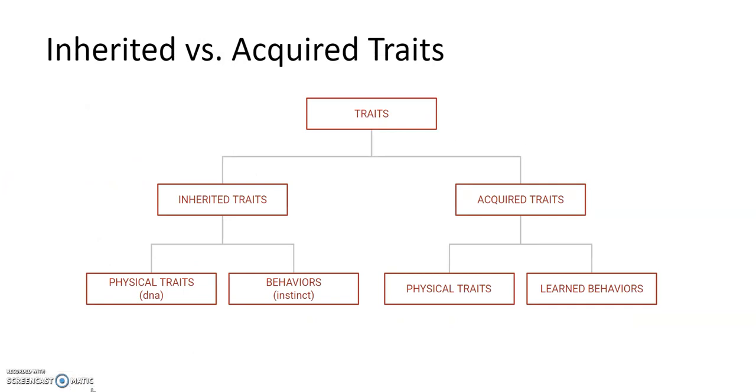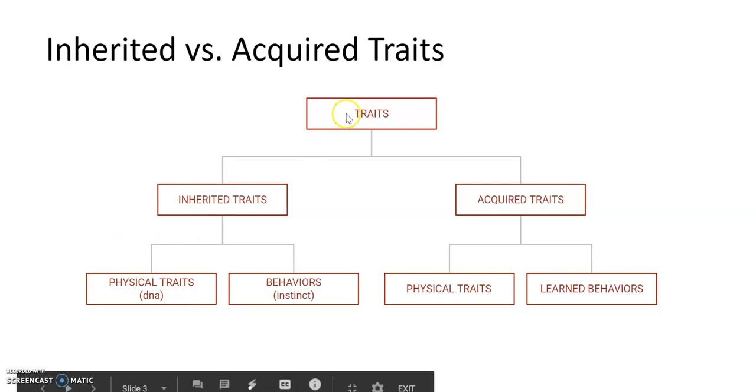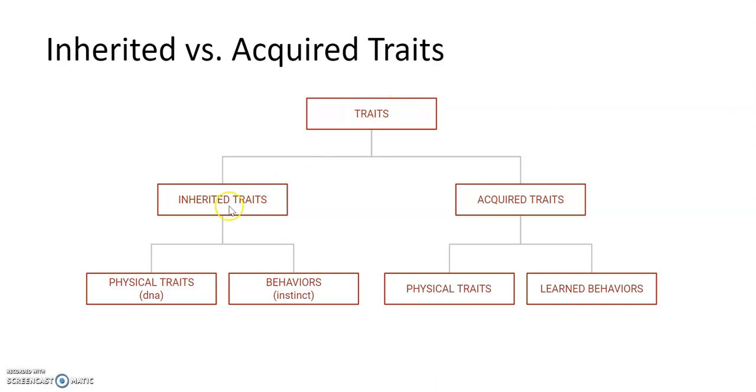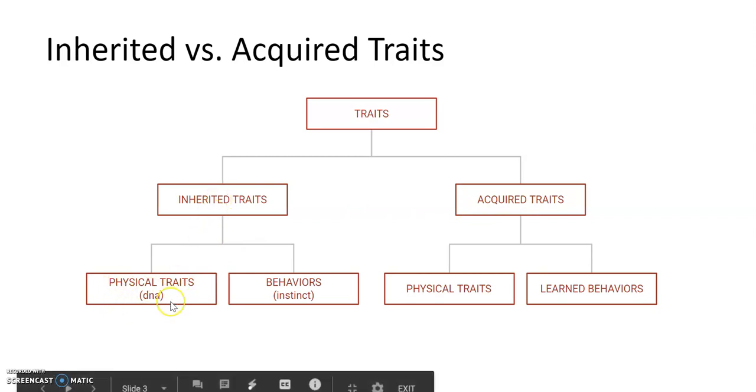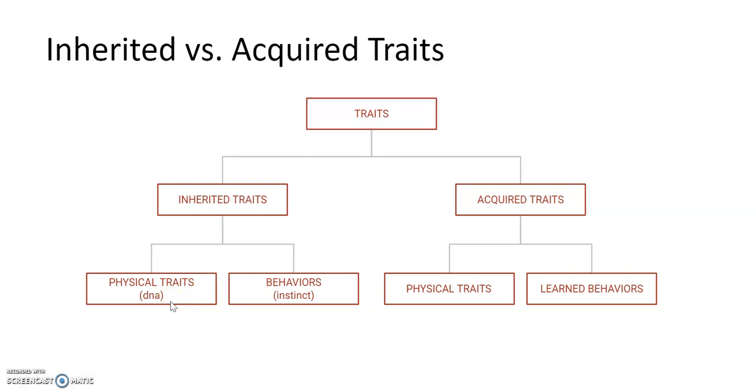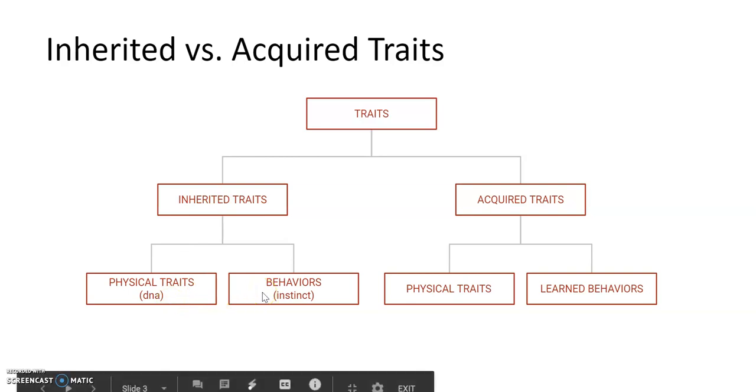So if we look at this in a nice graphic organizer, you can see that we have traits that are either separated into inherited from our DNA, our biological relatives, or acquired through experiences and learning. Inherited traits can be physical, those that you see on the body, or they can be behaviors, which are instinctual.